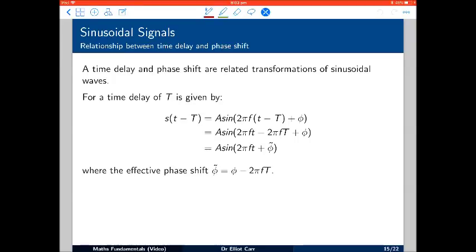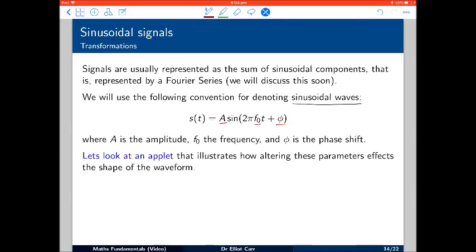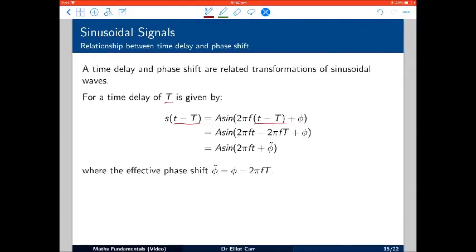Okay, so if we have a time delay given by capital T, basically what I do is evaluate my function S at t minus capital T. Okay, so I just substitute that into my function. All I'm doing is replacing t with t minus capital T.